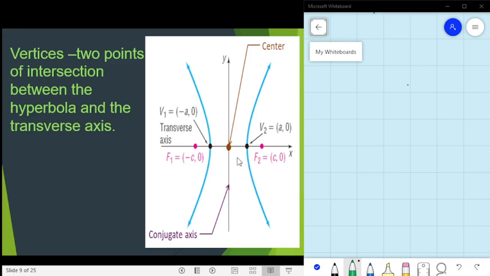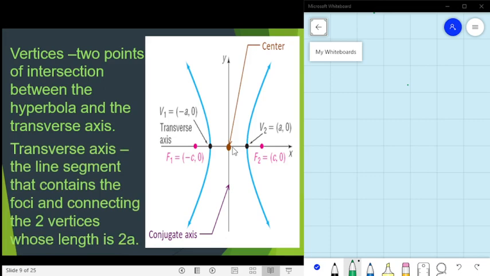Why transverse axis? Because it can no longer be called major, since it is not the longest. The longest axis now is the focal axis. The transverse one is shorter now, and the distance from the center to a vertex is still A. So that's why the length of the transverse axis is equal to 2A.